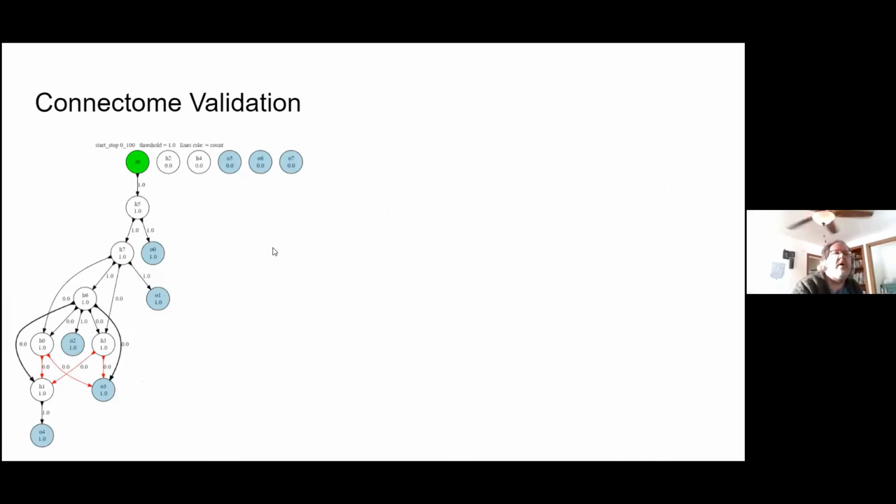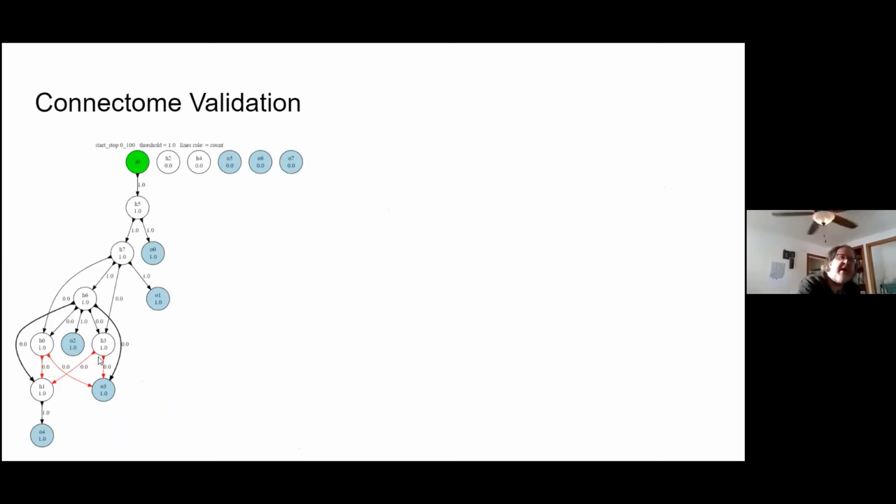Okay, so there's some more tricks we can do. Connectome validation. Sometimes when we do the information flow, the way that I'm plotting it, we'll get these red lines. What these red lines are, are cases where we cannot determine which partition is the responsible partition.